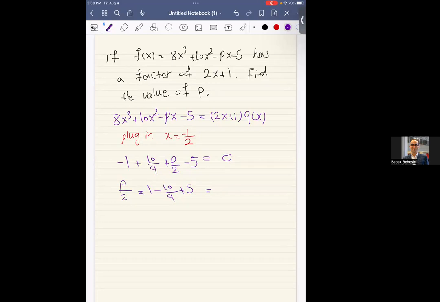Do you want me to give you another example? Once you find p here, you can also find q of x, which is called the quotient.